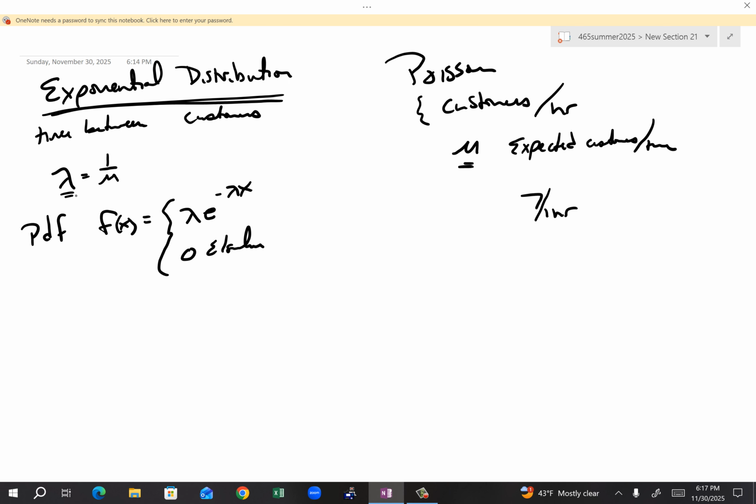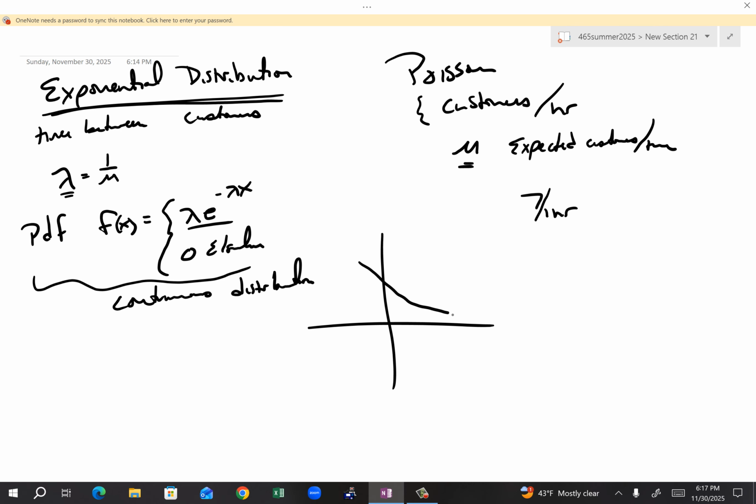Okay, and so when we do these things, keep in mind this is always a continuous distribution. It's a big deal. This equation looks something like this, and it goes forever.